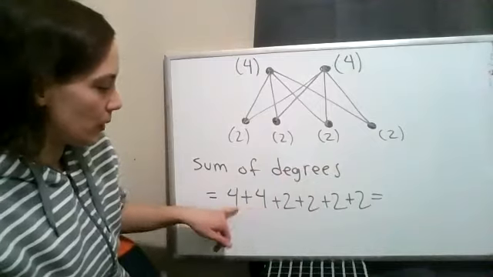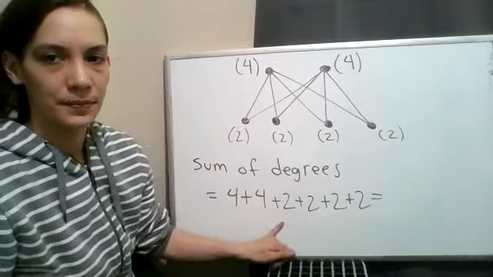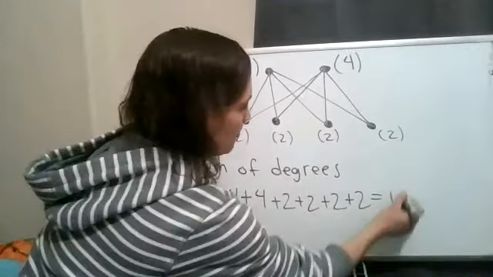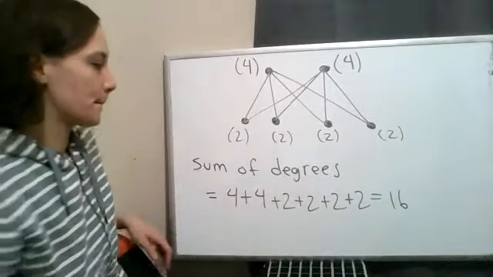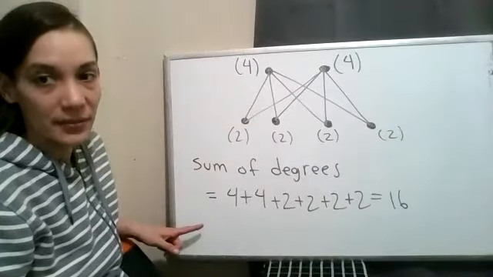So 4 plus 4 plus another 4 and 4. This would be 16. Divide by 2, and that will be the number of edges.